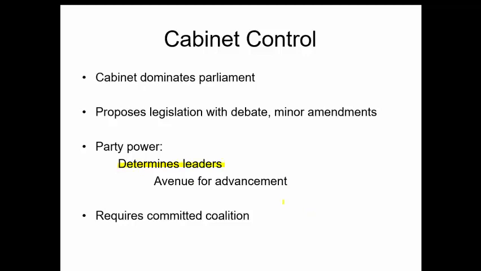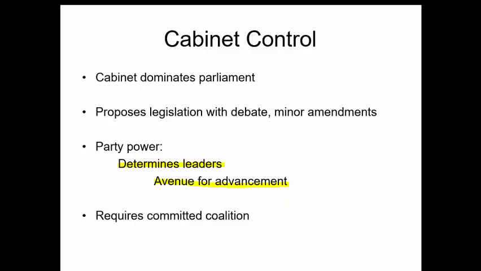Again, the prime minister, obviously, is the head of government because he's the head of that party that won control of it. And as we've said before, in these proportional representation, multi-party systems, such as in Great Britain, the party is more of a farm team for government, where it provides an avenue for advancing up the ranks through party power.